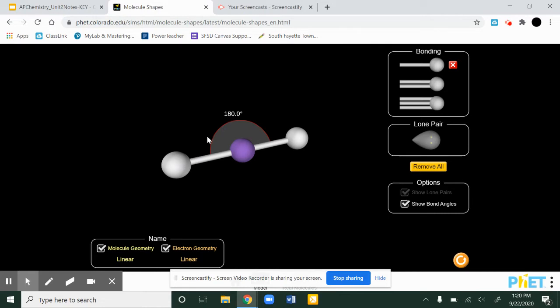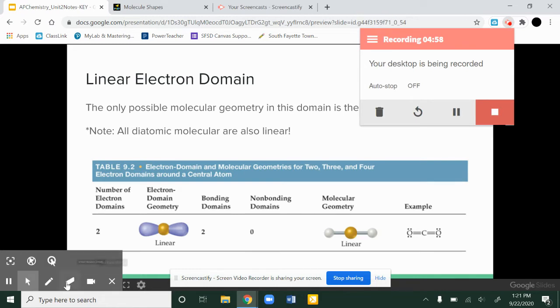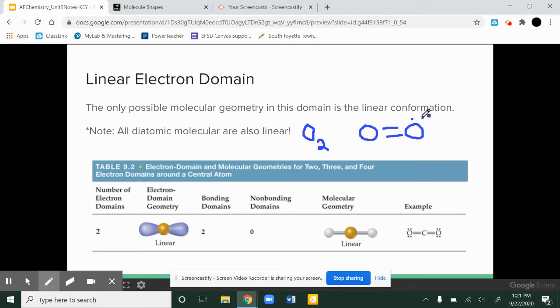Linear molecules have a 180 degree bond angle, and that is the simplest geometry that exists. One other thing to note is that all diatomic molecules that are composed of only two atoms are linear. It's the simplest shape that you can make with 2 points.